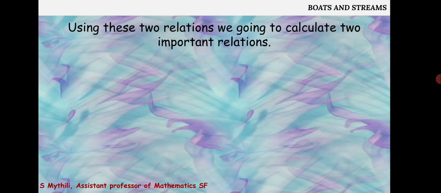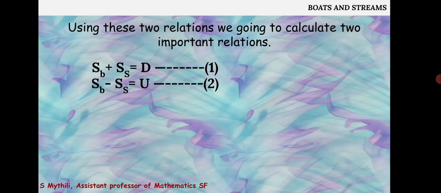So, using these relations, we are going to calculate two important relations. The first, we call it 1: speed of boat plus speed of stream, that is called downstream.